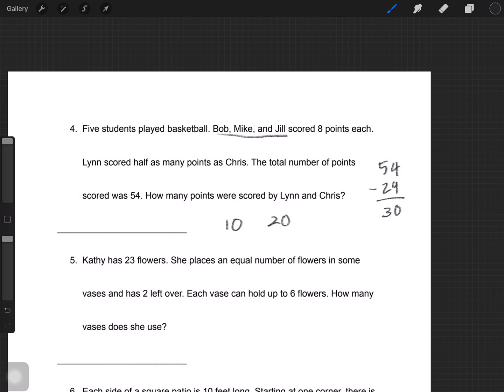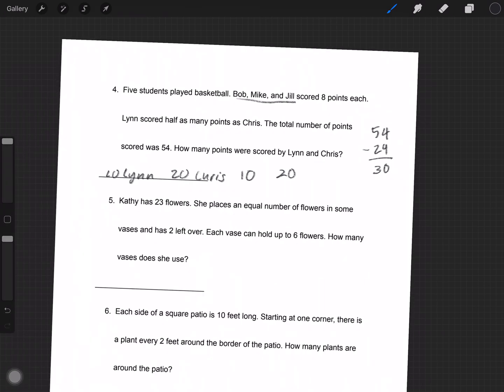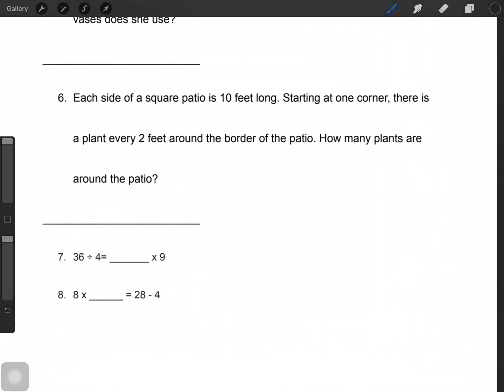So 10 is Lynn and 20 is Chris. Okay, so for number 7, we have 36 divided by 4 equals something times 9. 36 divided by 4 is equal to 9, right? So what they're asking is, and now obviously the answer is 1.